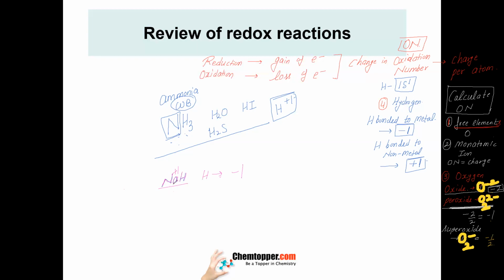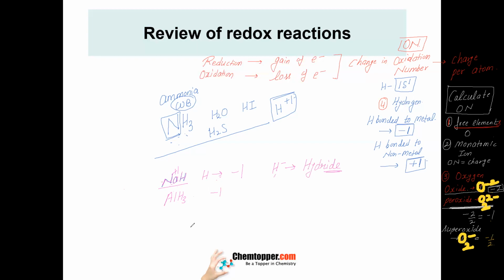Okay, this is sodium hydride. When H is -1, it's an anion. Anions end with hydride. This is hydride. Sodium hydride. AlH3. What's the oxidation number of hydrogen here? -1.